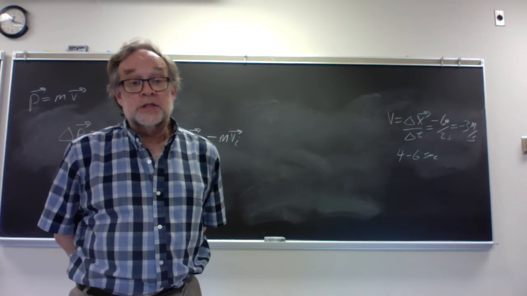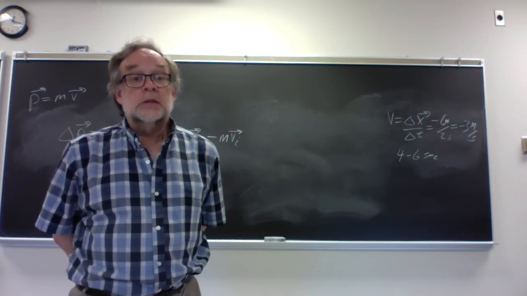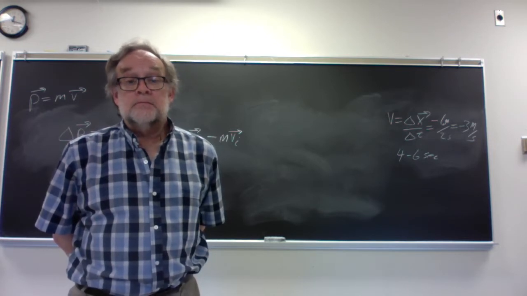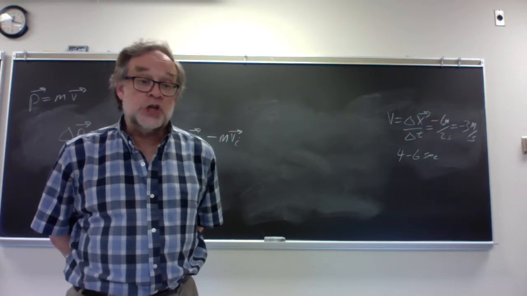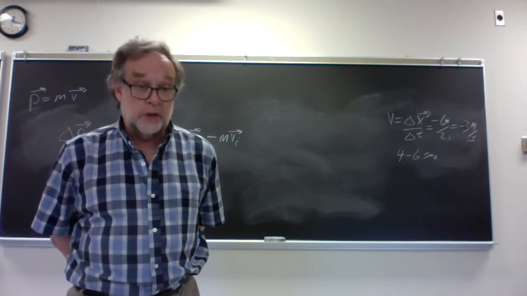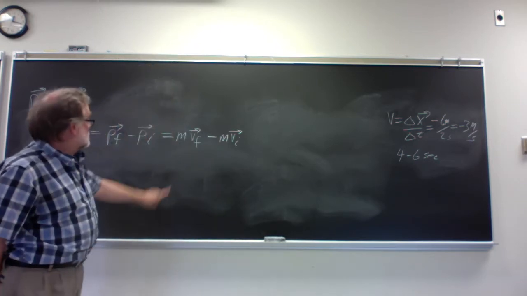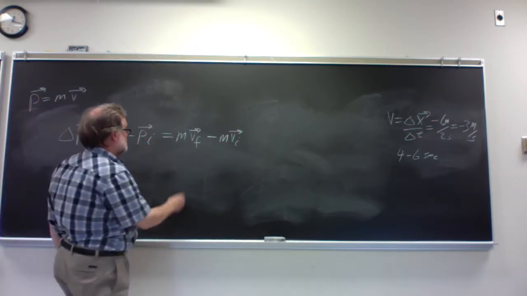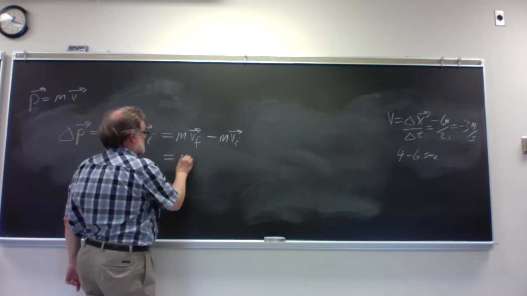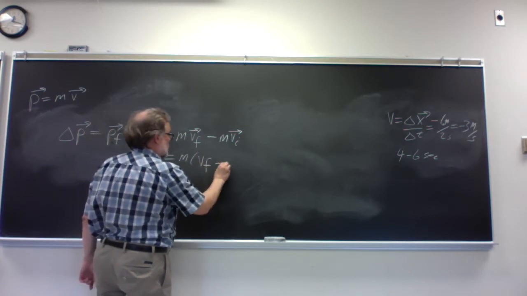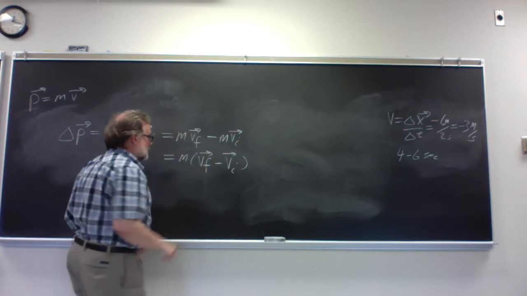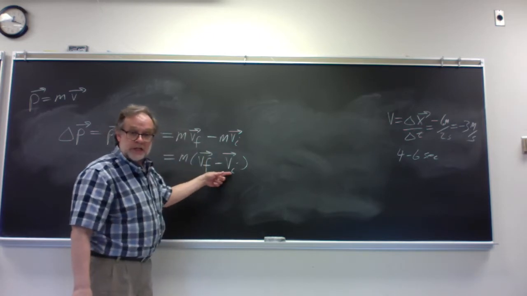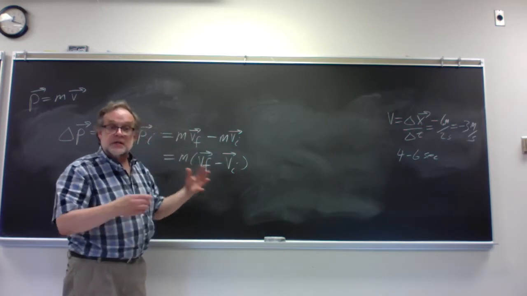But we'll just look at the simple situation where the only changes in momentum happen because of changes in velocity. So factor out the m: mass times the quantity v final minus v initial. But of course, final value minus initial value, we always write as delta.